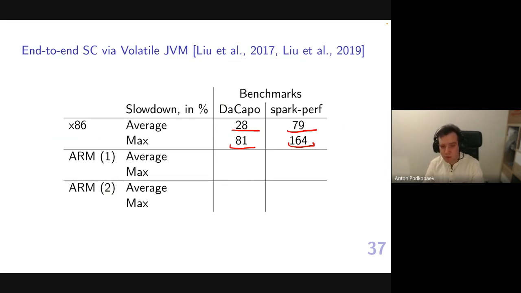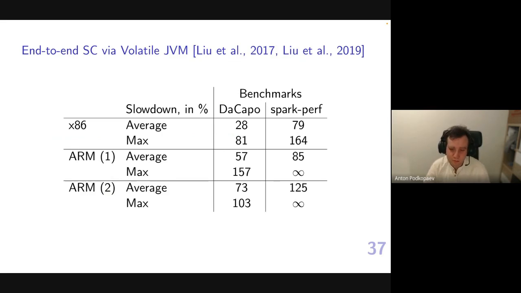But for ARM, the situation is worse. On average, for both servers, it was more than 50% slowdown, with the maximum slowdown for an Apache Spark test being marked as infinity.